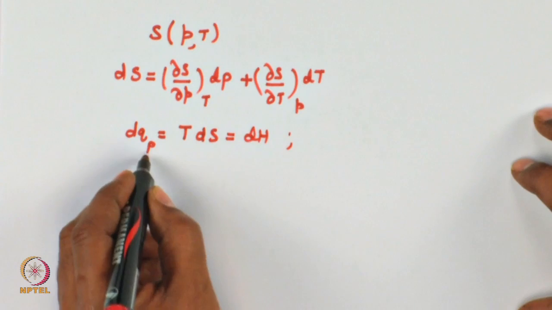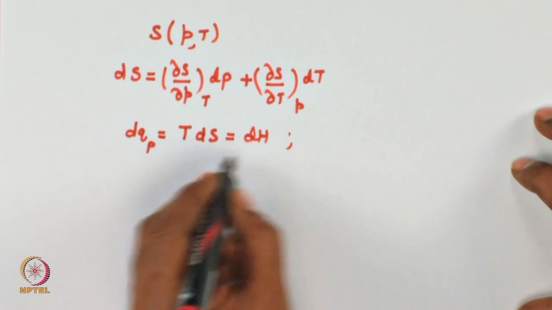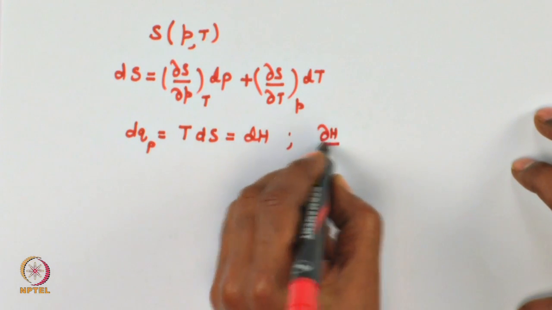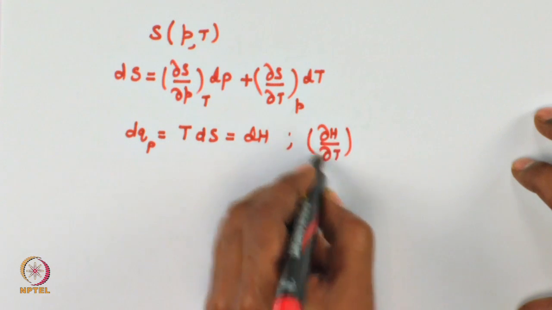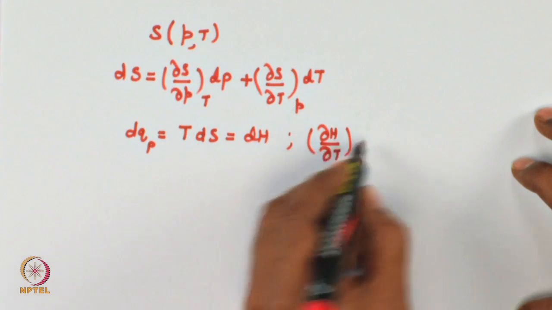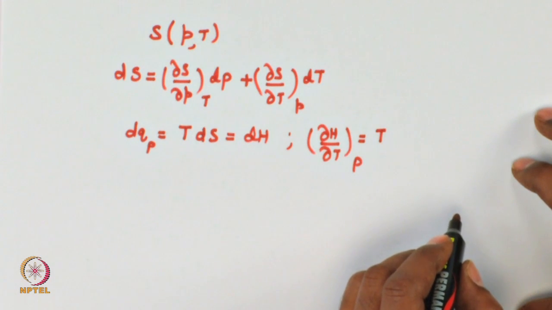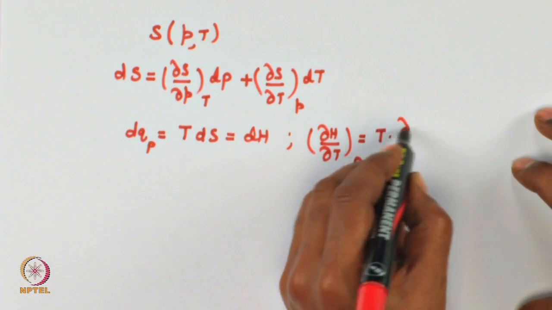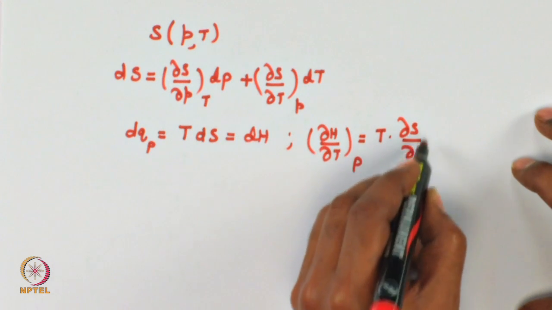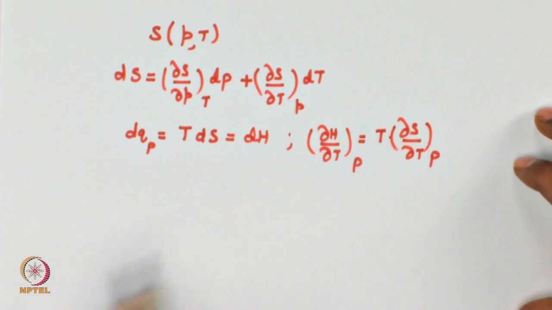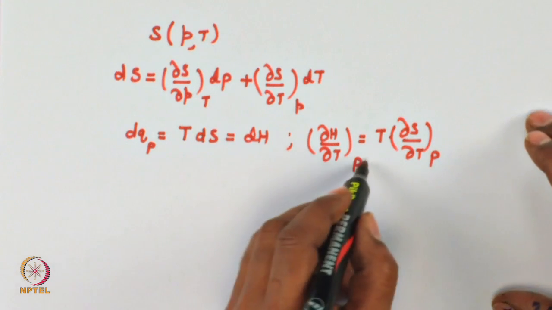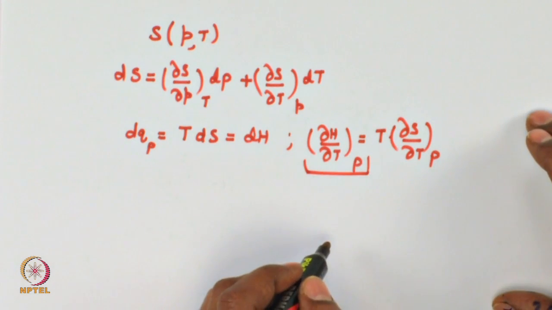So, from this equation, can I write dou H by dou T at constant pressure is equal to T into dS by dT at constant pressure, right? And this is nothing, this is Cp.